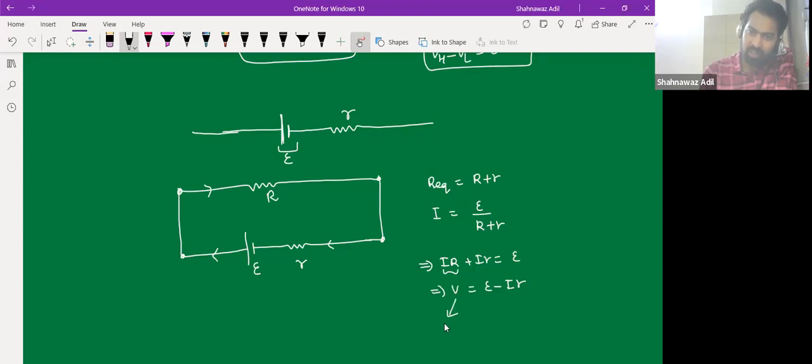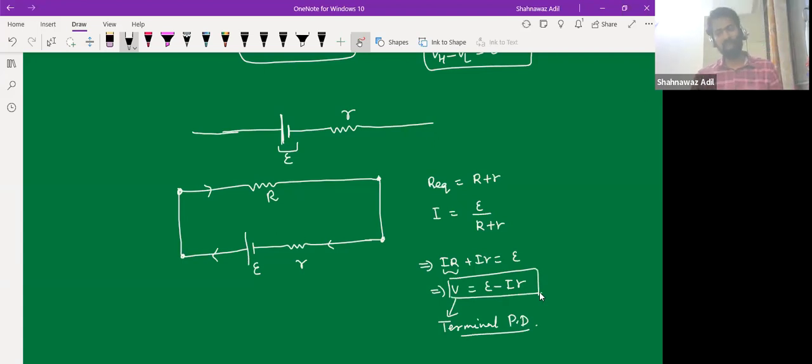This is the terminal potential difference. And graphically, how do we present this relation?